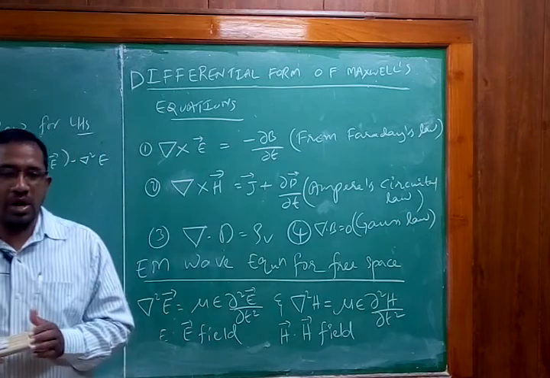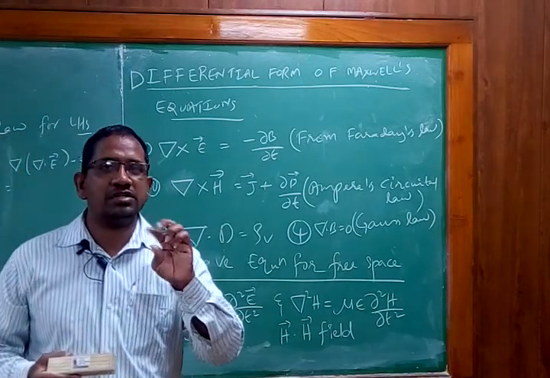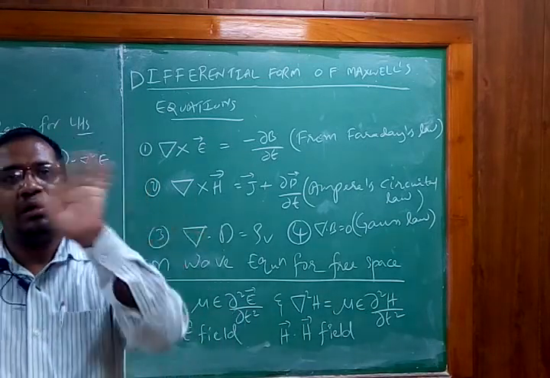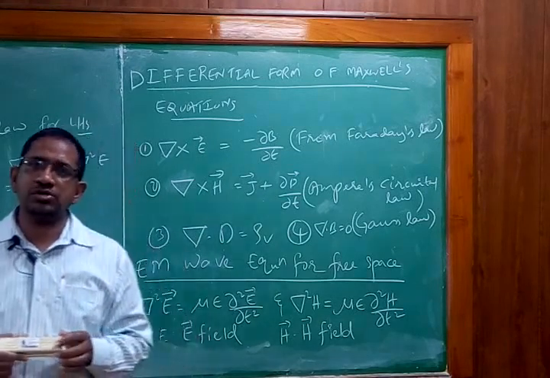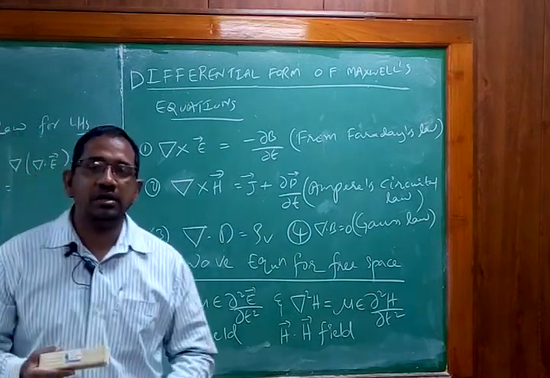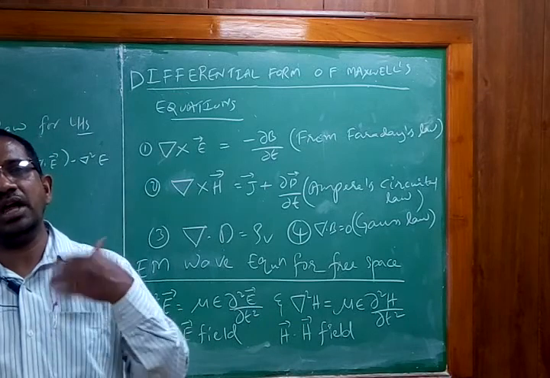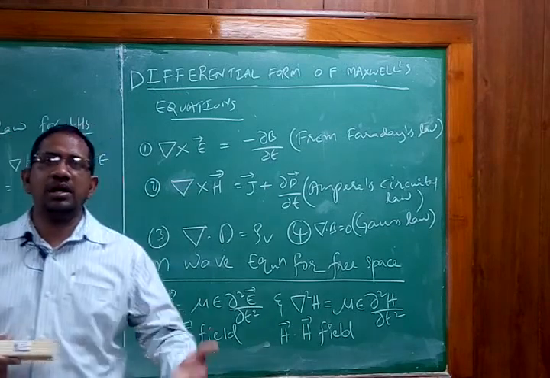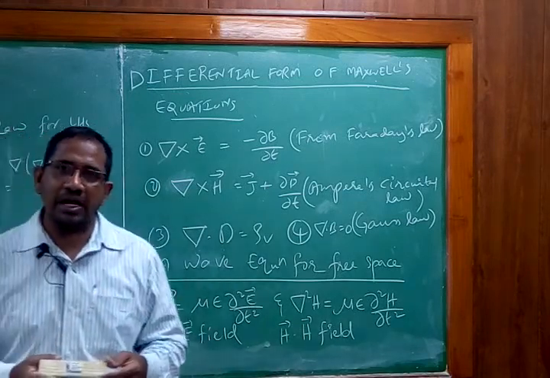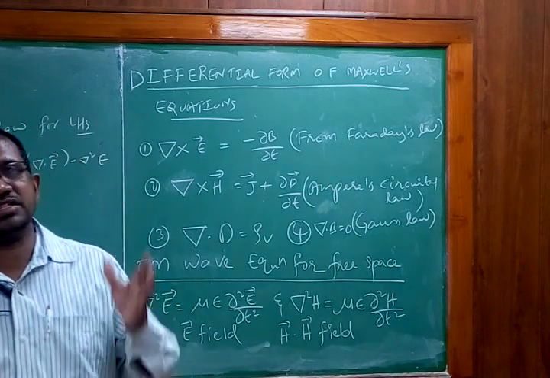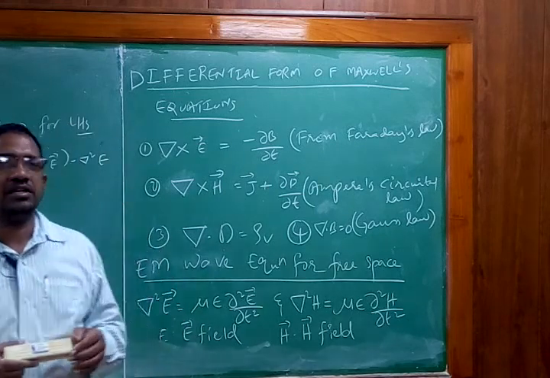If you replace a variable in an equation, the meaning of the equation changes with respect to the concerned field. So if you derive an equation for the electric field, you can directly get the equation for the magnetic field as well. We will see the same thing in this session.